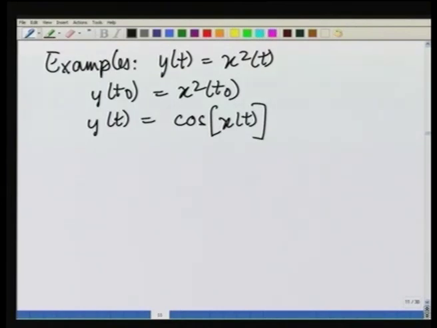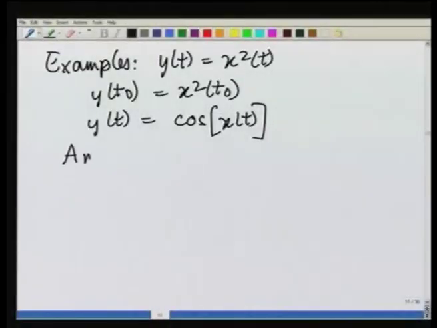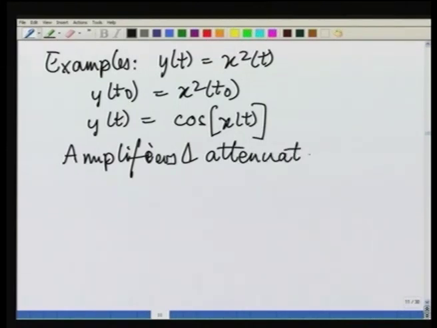The value of y t again depends only on the instantaneous value of x t. Examples in real life of systems such as these are amplifiers and attenuators. Amplifiers and attenuators are both examples of memoryless systems.